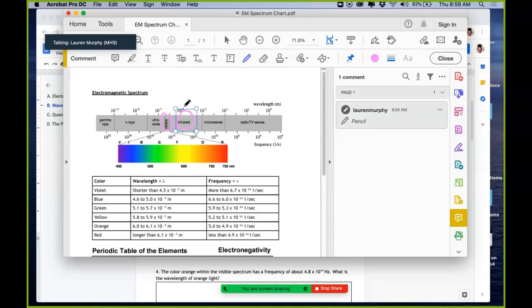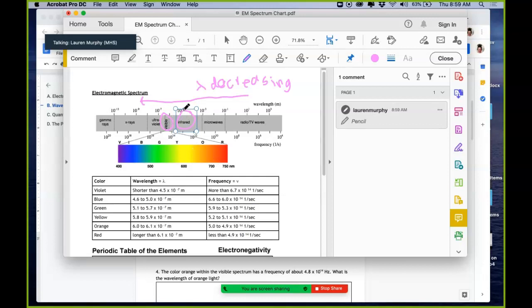Infrared is 10 to the 5th. This guy is 10 to the negative 7th. So in this chart, wavelength is decreasing as you move to the left. There is no reason they can't make a chart that is flipped, but the numbers wouldn't flip. The numbers would stay the same. They could just write it backwards, where radio waves are over here and gamma is over here.